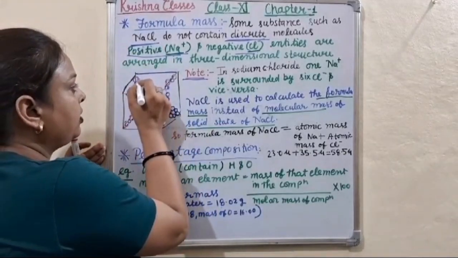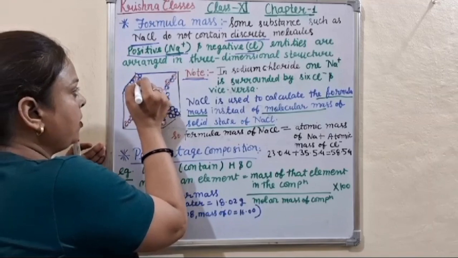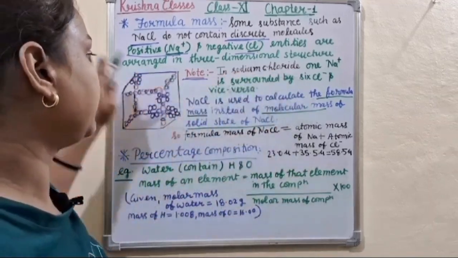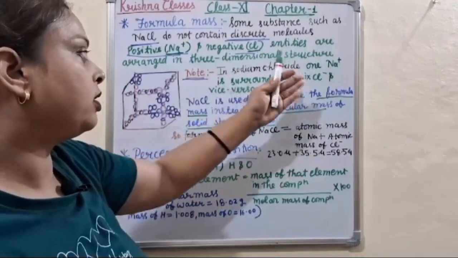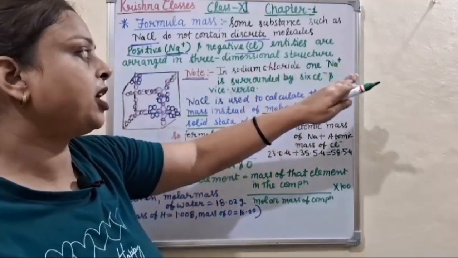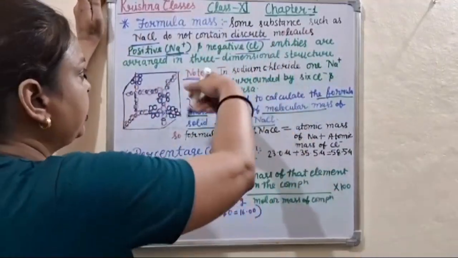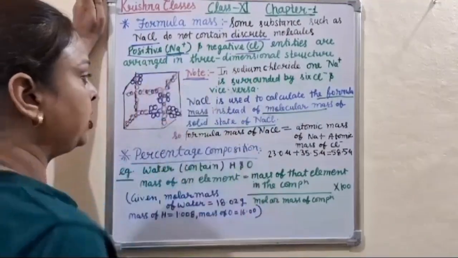One Na plus is surrounded by 1, 2, 3, 4, 5, and this is 6 Cl minus, and vice versa, 6 Cl minus are surrounded by 1 Na plus. So this is the three-dimensional structure of NaCl.